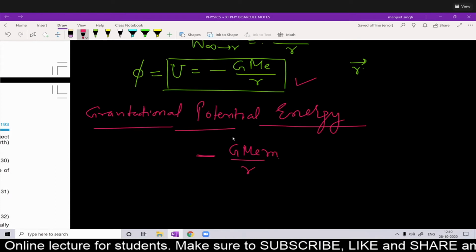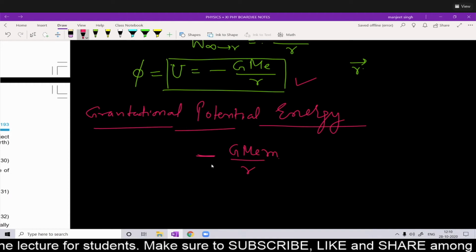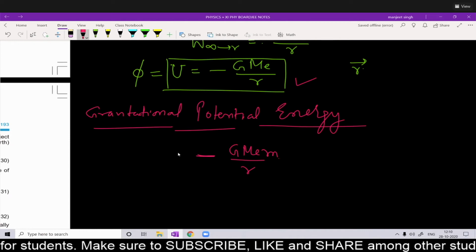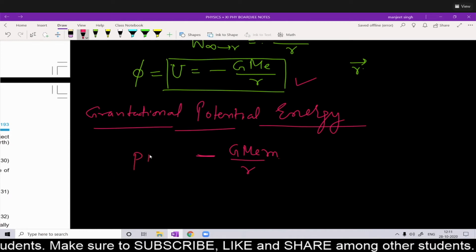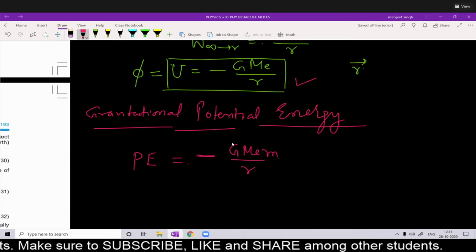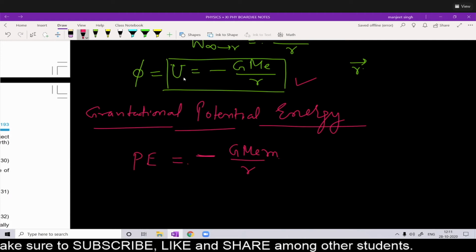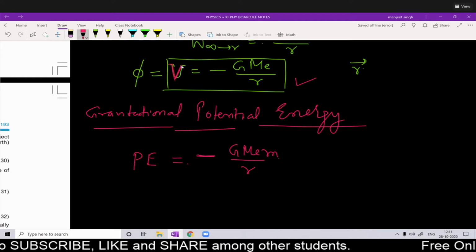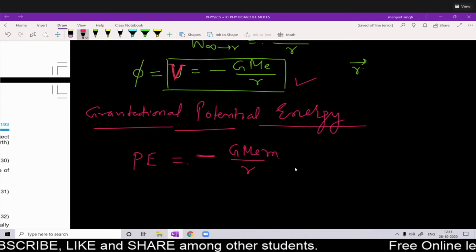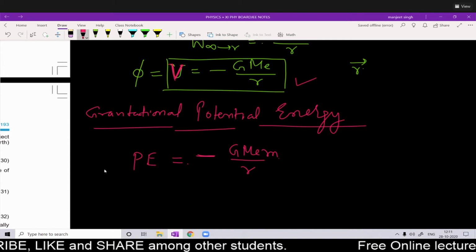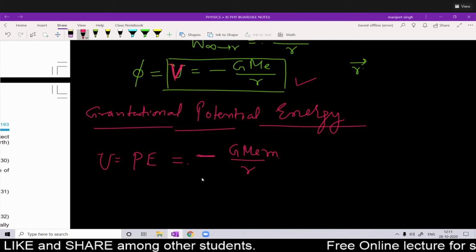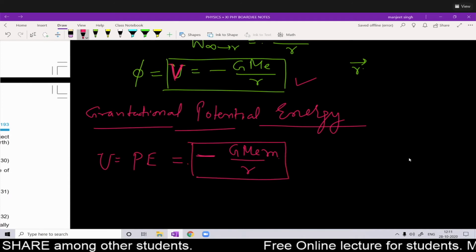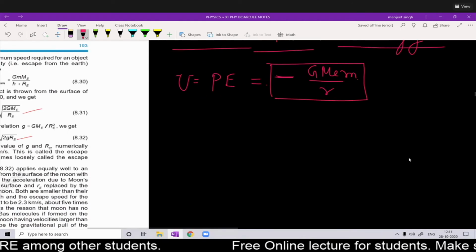So gravitational potential energy is minus GM_E m upon R. In some books the potential energy is denoted by U, and V denotes the gravitational potential. So gravitational potential energy U is given by minus GM_E m upon R.